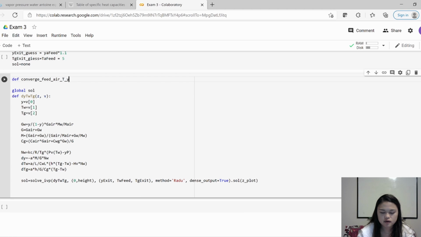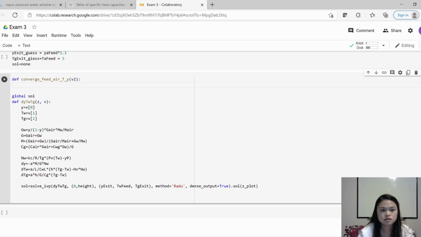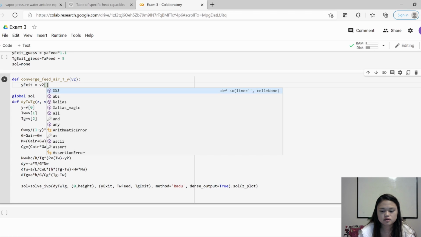And we already have a vector, so I'm just going to label this as v2. And then we have our exiting mole fraction as a guess, and this will be the first thing in the array.